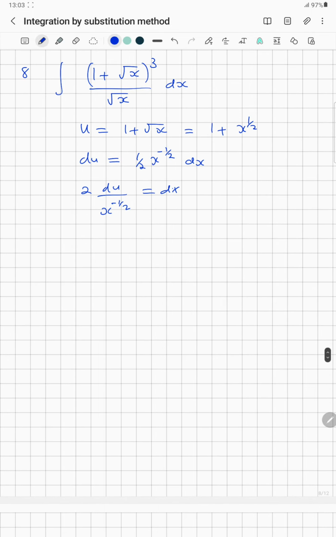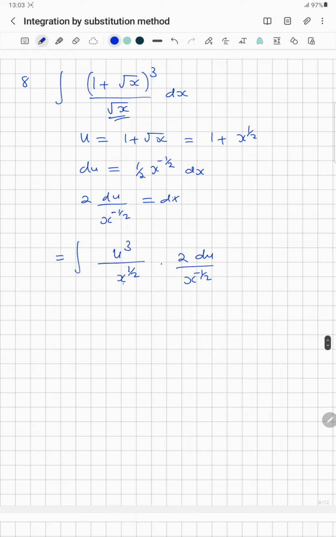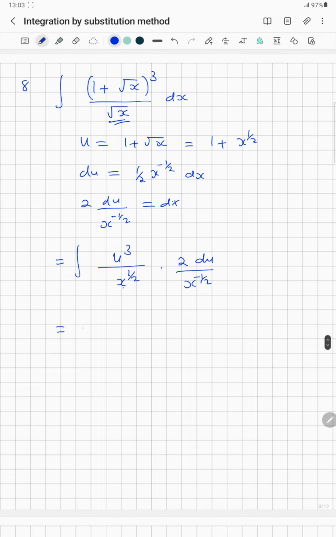If you do that substitution, you are going to obtain something of this sort, into bracket square root of x, you can write it as x power half dx, you replace it with 2 du into bracket x power half. X power half multiplied by x power minus a half is 1, so this one can be written as 2 into bracket u power 3 du.